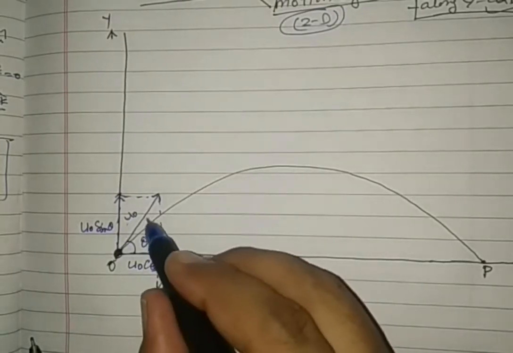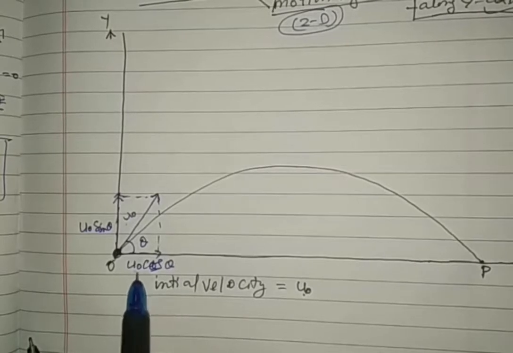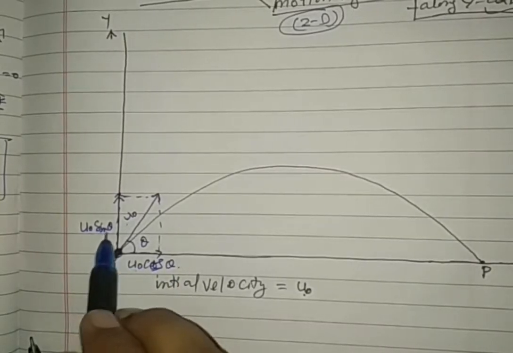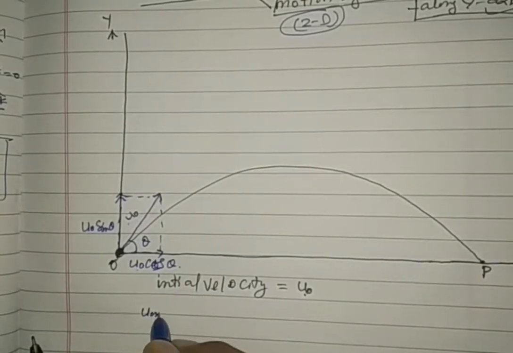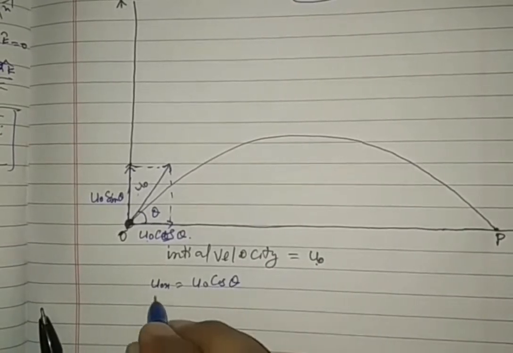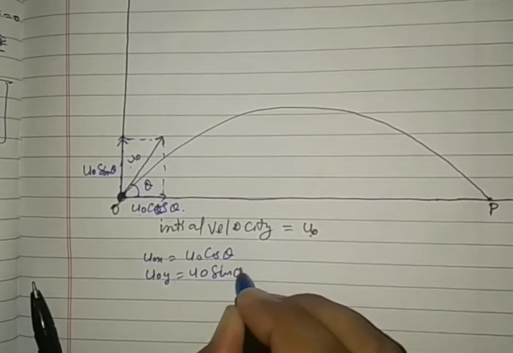Now in place of u naught we will consider u naught cos theta and u naught sin theta. The u naught x component is u naught cos theta and the u naught y component is u naught sin theta.